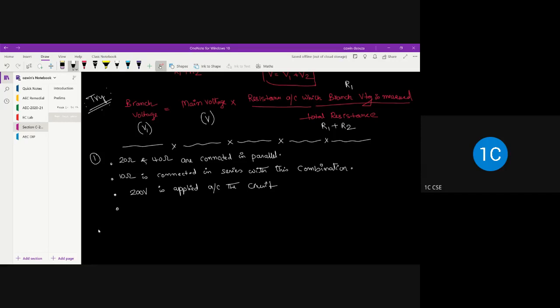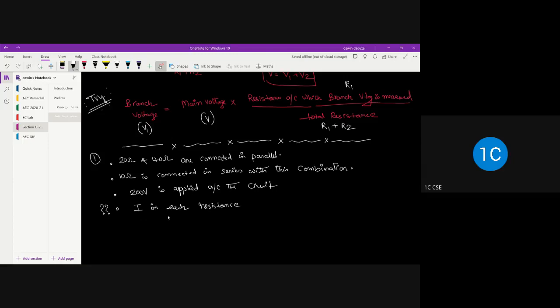Find the current in each resistance. The question mark simply indicates that this is your objective. Your objective is to find current in each resistance.